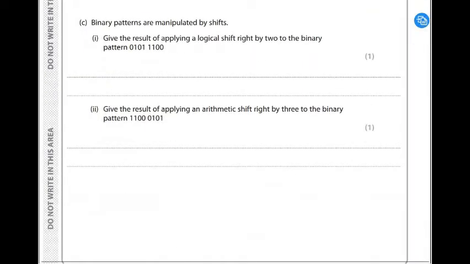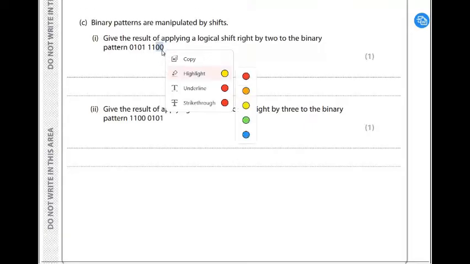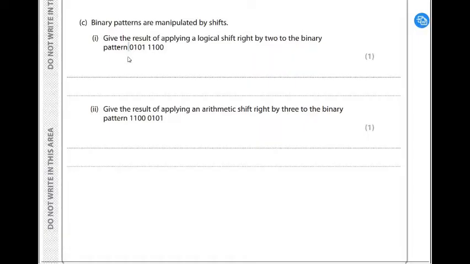Okay, so C. Binary patterns are manipulated by shifts. So part 1 will be: give the result of applying a logical shift by 2 to the binary pattern 0, 1, 0, 1, 1, 1, 0, 0. So we want to go right. The way we would do it is the 2 rightmost zeros will go on the other end.